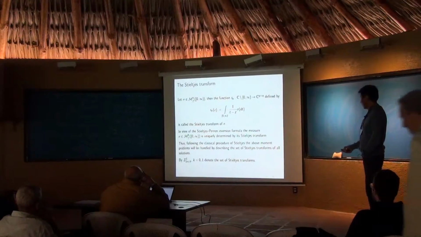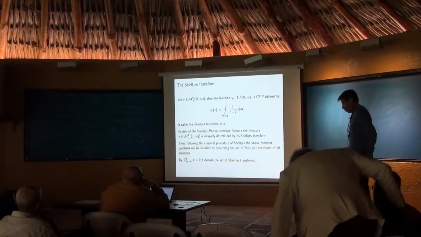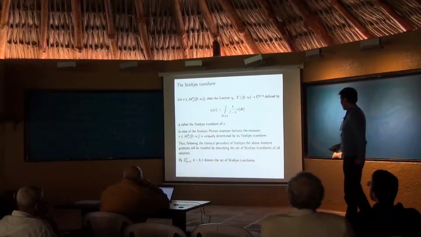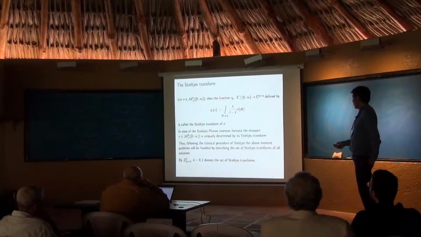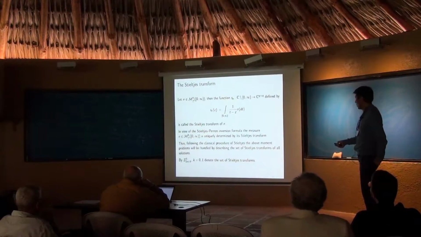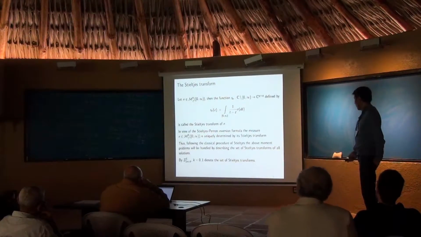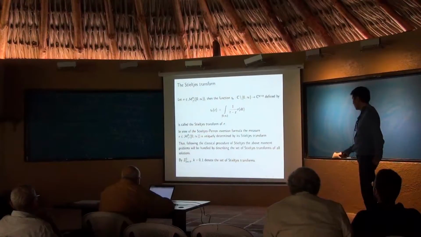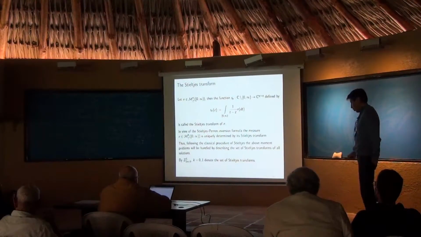So this is after normalizing, and we have the bijection between these two sets. Then we can look for these functions instead of the measures. And we denote with this symbol the set of all associated transforms to these moments we're looking for.